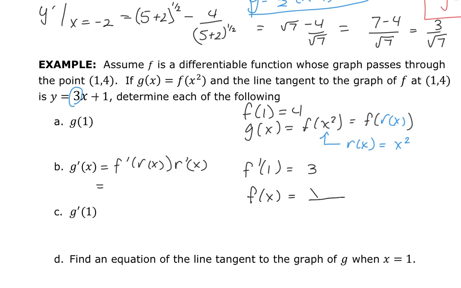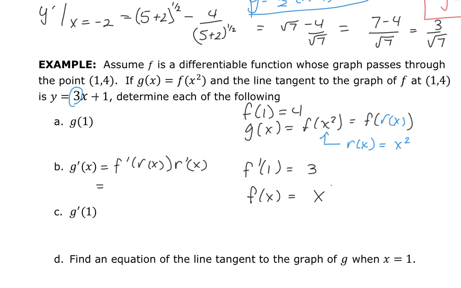So maybe x squared plus 1. Well, x squared plus 1 is going to give me 1 plus 1, which is 2. That's not going to work because it's not going to give me 4. And the derivative wouldn't be 3.